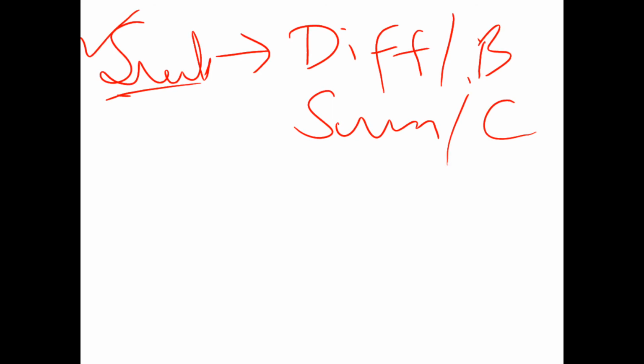Therefore in subtraction, the sum term is replaced with difference and the carry is replaced with the term borrow.